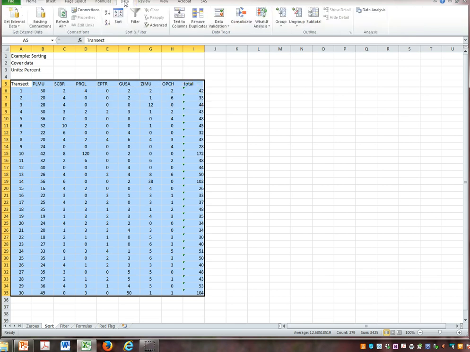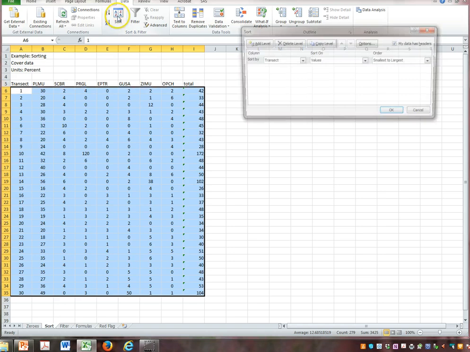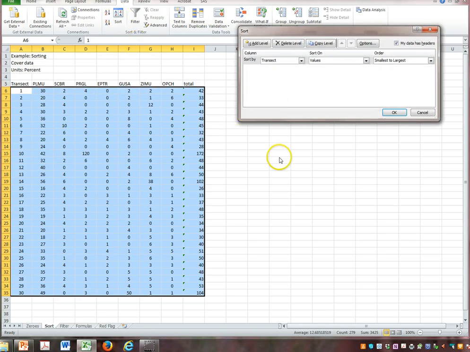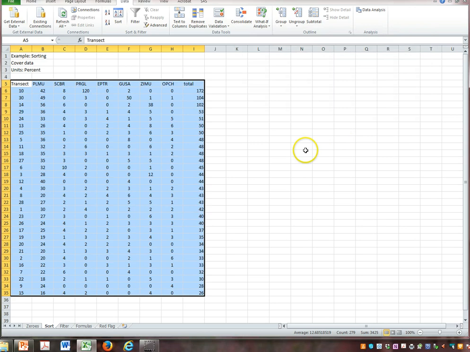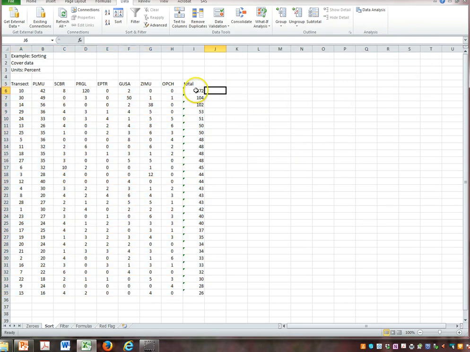I'm going to use the data sort feature, and I'm going to sort by the total cover. Now we know with plant cover it is bounded by values of 0 to 100. And so I'm going to sort this going from largest to smallest and look for any outliers. So this is just a very quick way of checking to see if there's any numbers that don't seem normal.